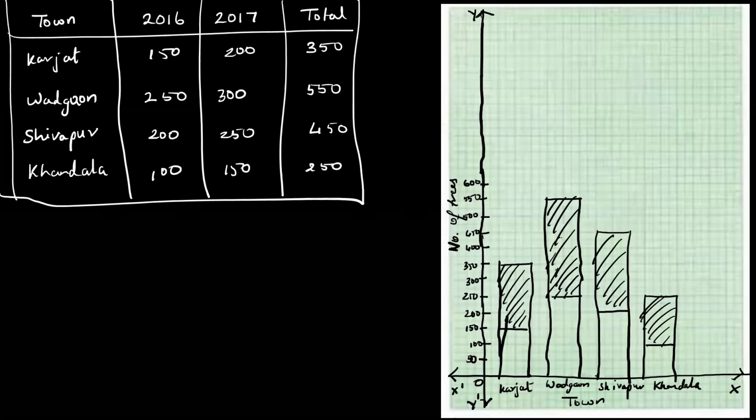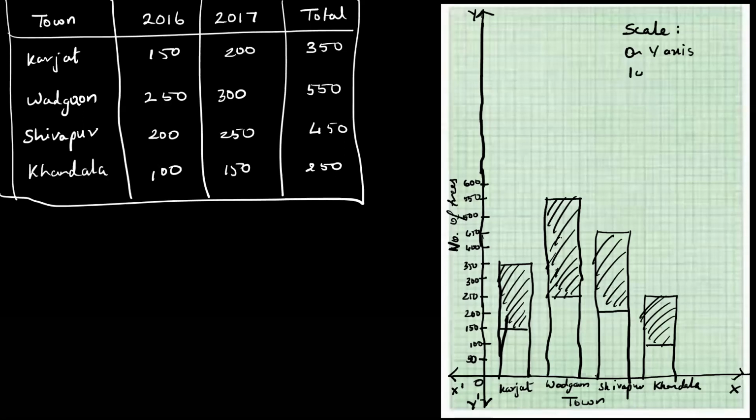Okay. If I want to write the scale on y-axis, in 1 centimeter, in the first one only we are putting 50. 50 is the value. So I'll write 1 centimeter is equal to 50 trees.